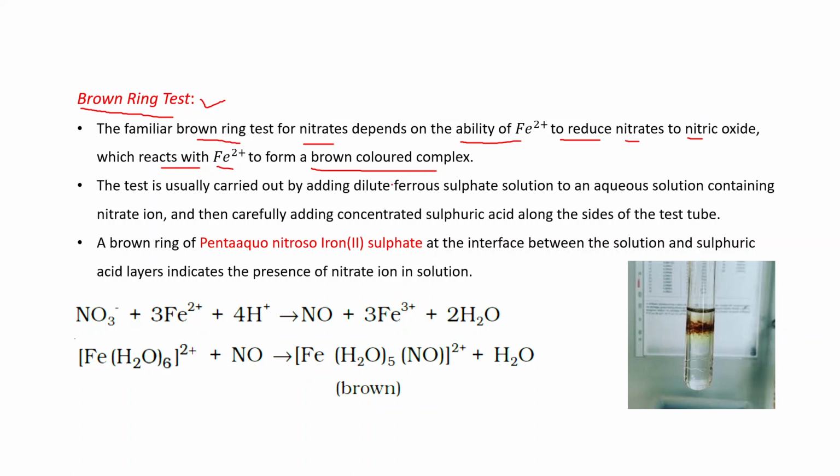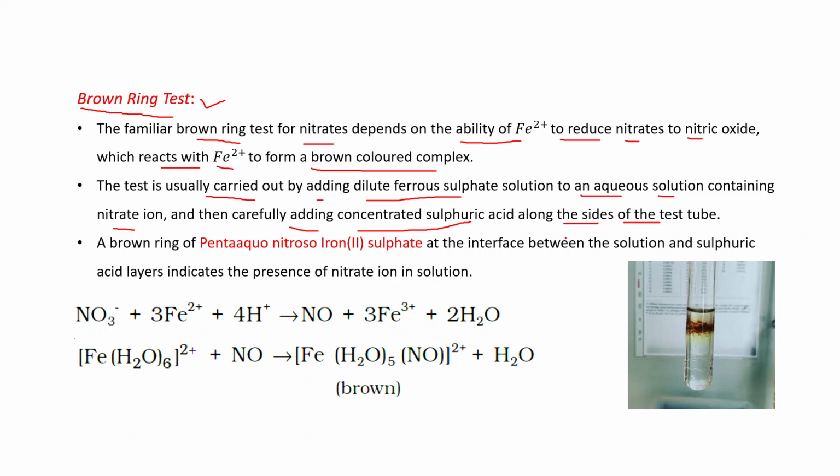Then how will we carry out this test? This test is usually carried out by adding dilute ferrous sulfate solution to an aqueous solution containing nitrate ion. It means first we take the salt containing the nitrate ion, make its aqueous solution, then we add the dilute H2SO4 and then carefully add concentrated sulfuric acid along the sides of the test tube.